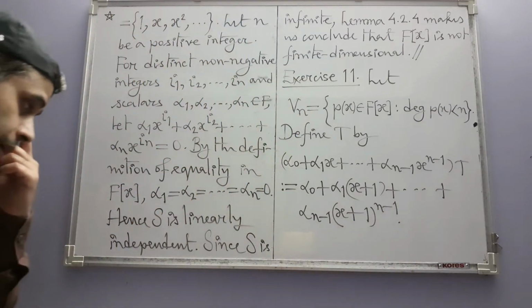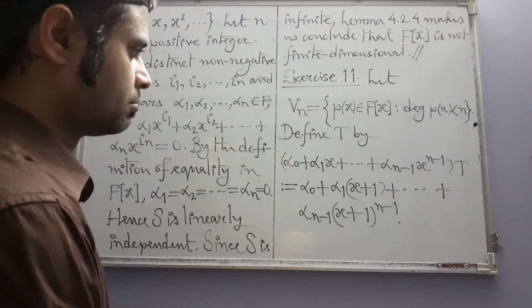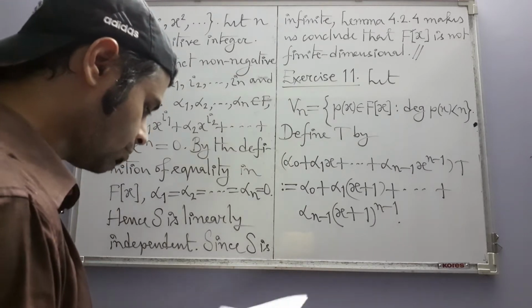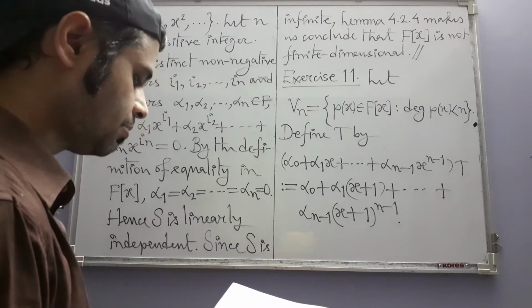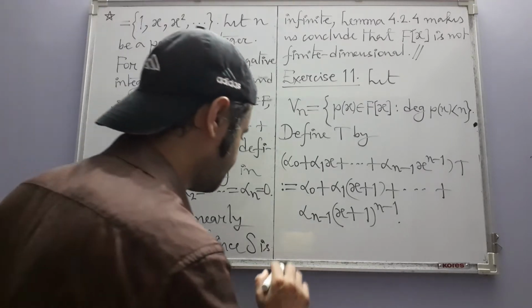Okay, so that we have to prove. You cannot just simply see. Prove that T is an isomorphism of V onto itself.